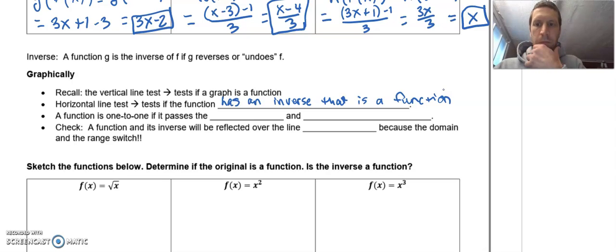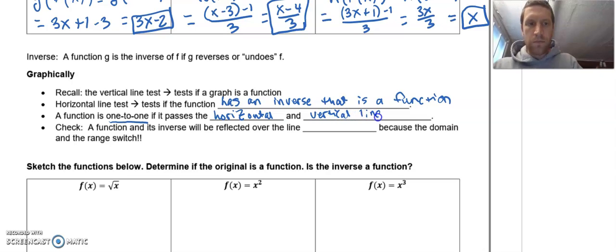Okay, we use this term one-to-one if a function passes the horizontal and vertical line tests. And then we talked about that function and its inverse will be reflections over this line y equals x.